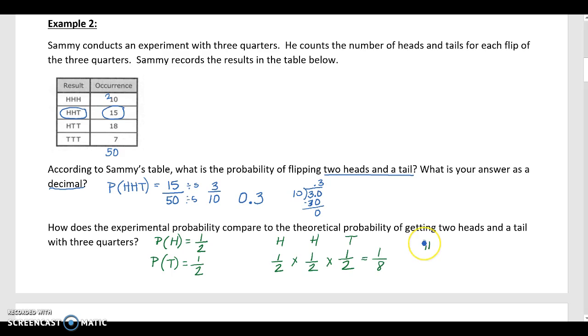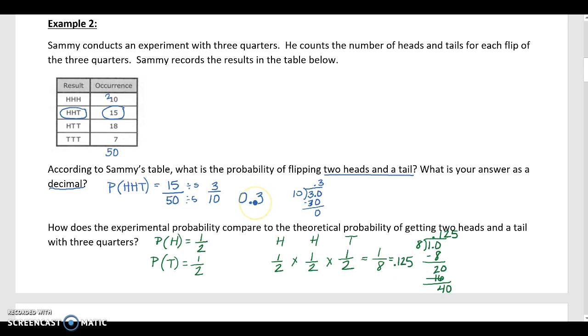If you don't know what 1 over 8 is as a decimal, which we really should have memorized by now, 1 divided by 8 gives 0.125.